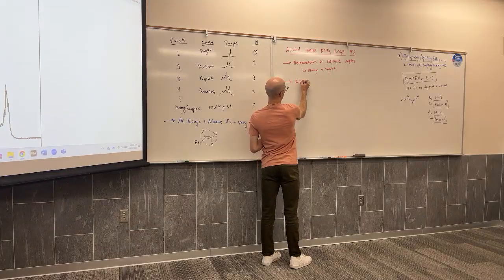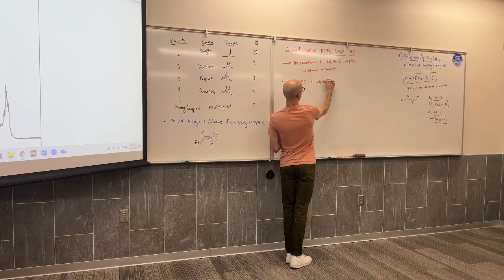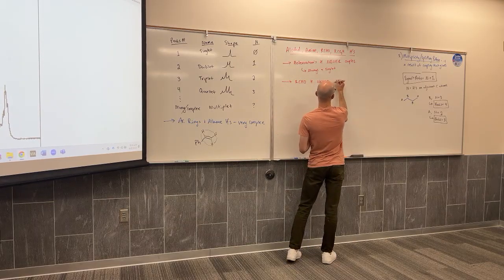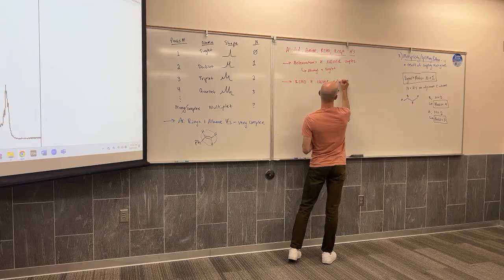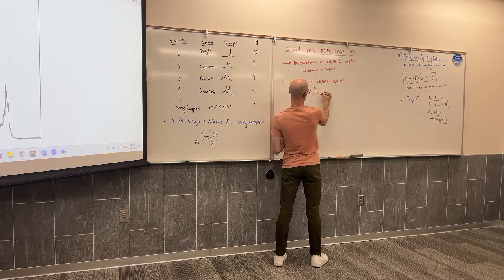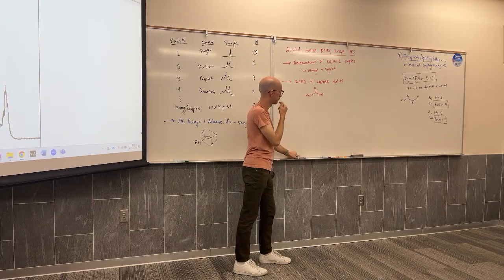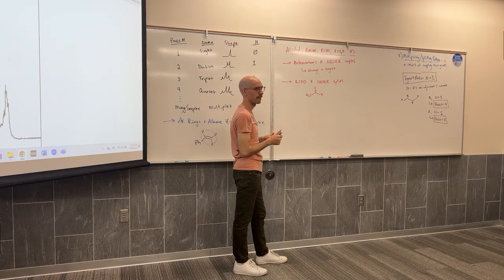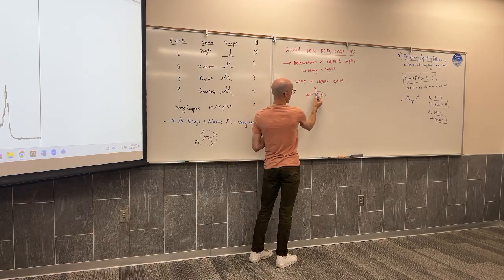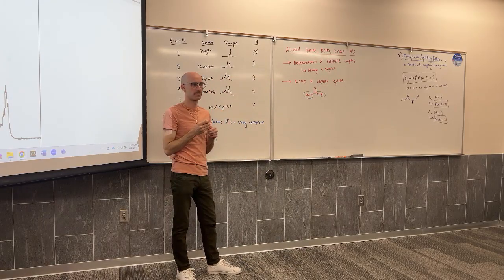Additionally, the aldehyde H never splits, never couples, doesn't have a splitting pattern. And this might actually surprise you. For instance, let's look at acetaldehyde. It might surprise you because this hydrogen is on a carbon that has 3 hydrogens on the adjacent carbon.